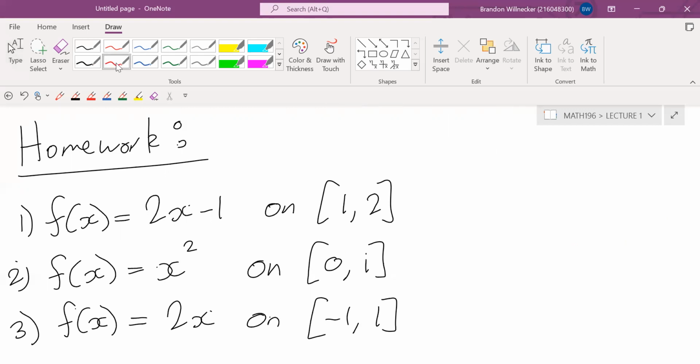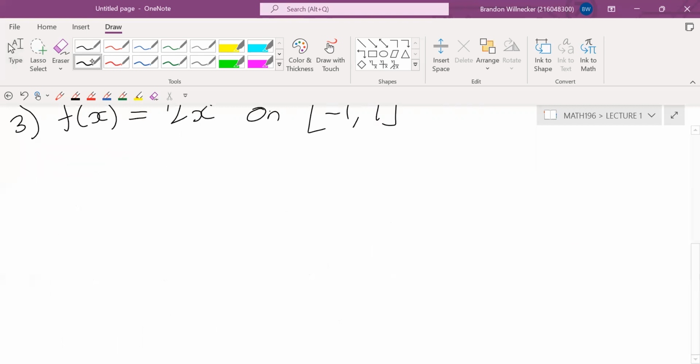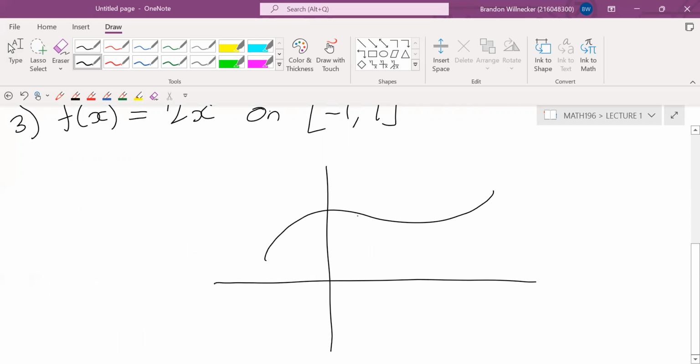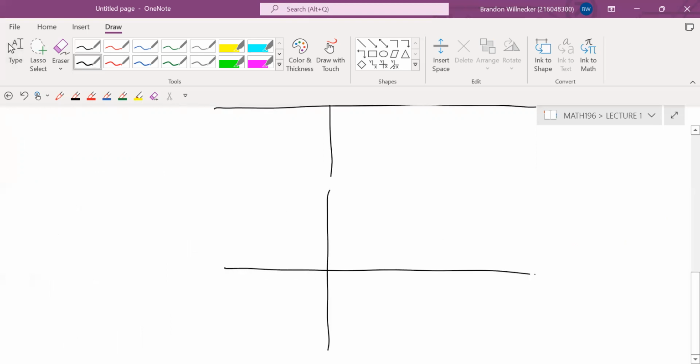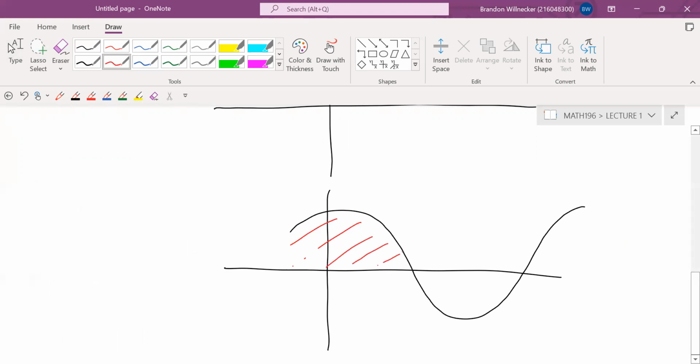So just a little example on that. So far we looked at areas like this, where the area is above the x-axis, so we can calculate that. However, there are cases when the area goes below the x-axis, something like this. So at the top, we have something called positive area.